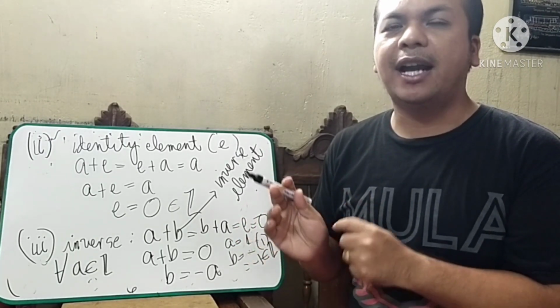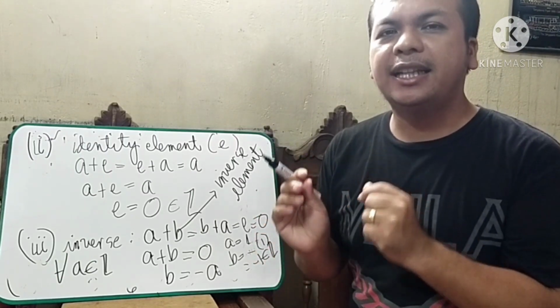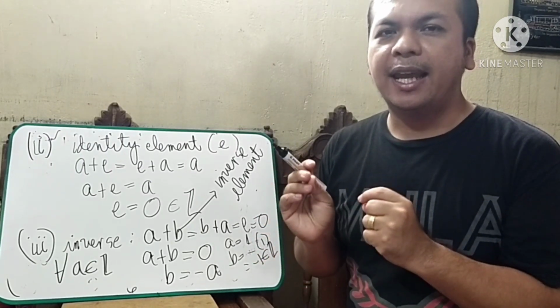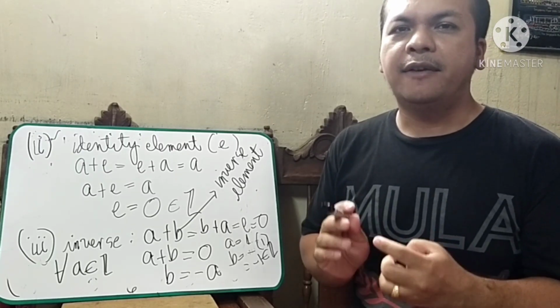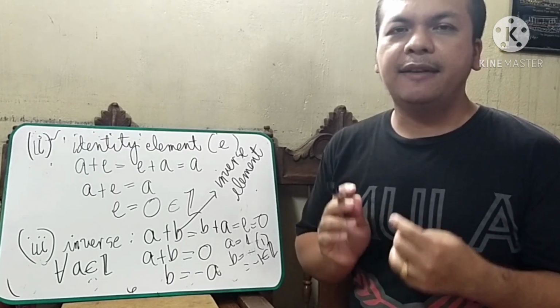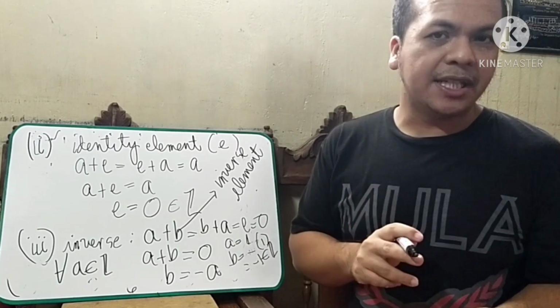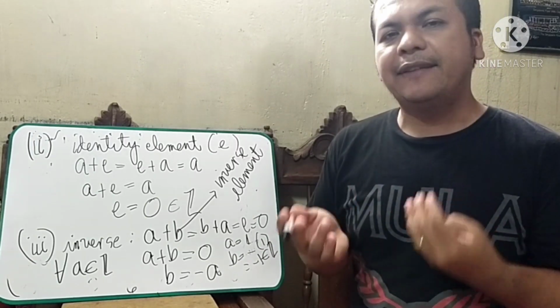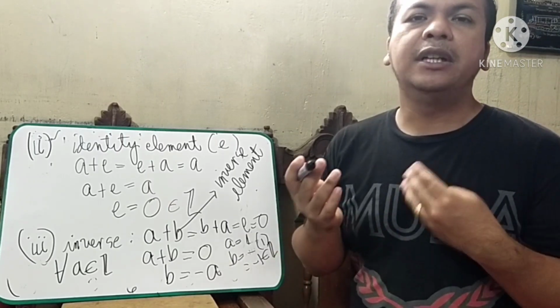And that's our identity element. 0 is called the additive identity element. Okay? And negative 1, for example, is the additive inverse of 1. Negative 2 is the additive inverse of positive 2. And vice versa. 2 is the additive inverse of negative 2. 1 is the additive inverse of negative 1.